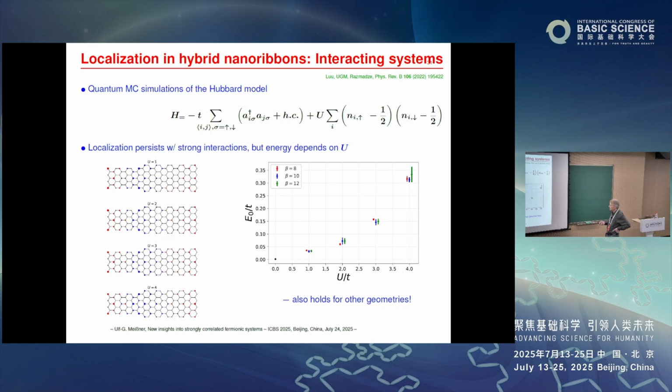Here you see the energy for various strengths of your interaction, 1, 2, 3, and 4. Of course, the energy changes, but the localization persists. And this is for a particular 7-9 geometry, but we have also shown this for other geometries. So that's nice, because that means if you switch on even strong interaction like here, this localization is still there.